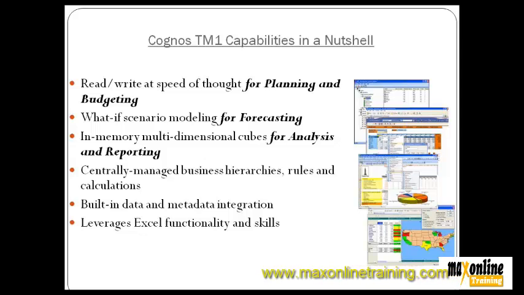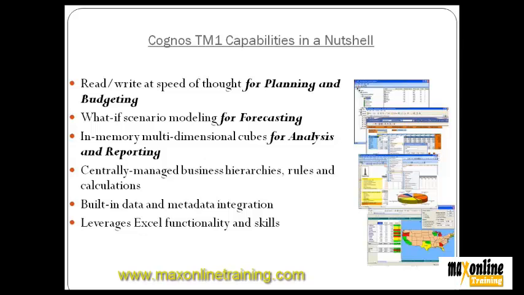Then you have the centrally managed business hierarchies, rules, and calculations. So everything is managed centrally. What people used to do traditionally was maintain Excel files, fill in their budgets, and distribute them over email. When you have the TM1 software, you can have everything centrally managed. Then you have the ETL tool present within Cognos TM1.